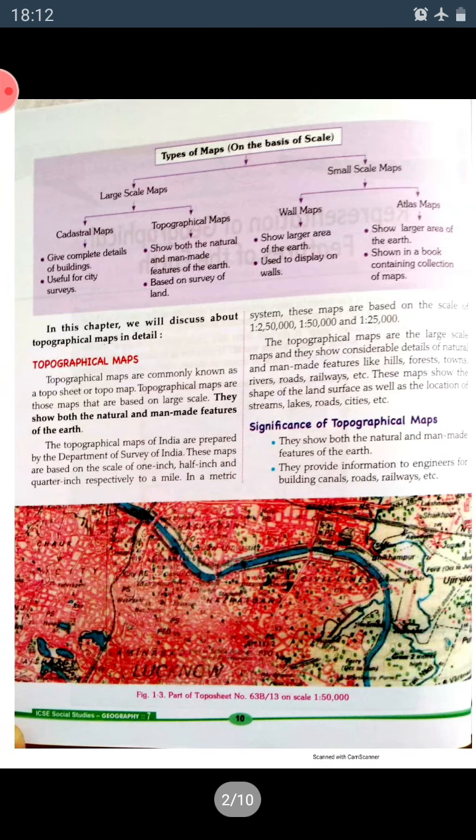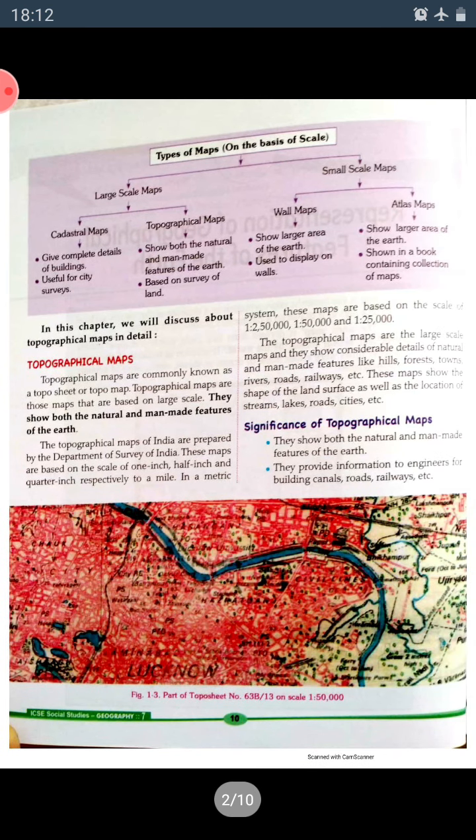Now the other types of maps on the basis of scale are the large scale map and the small scale map. Large scale maps are those maps which show a small area in great detail. So a topographic map is a large scale map. Now the small scale maps are those maps which show a large area in less detail.